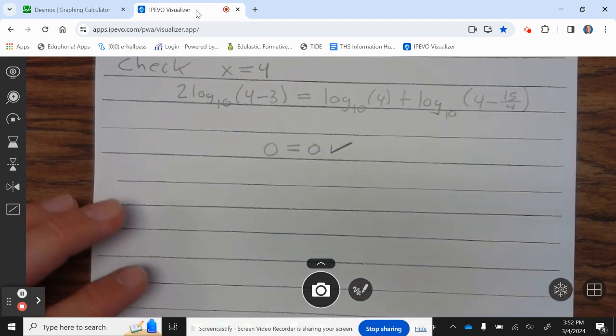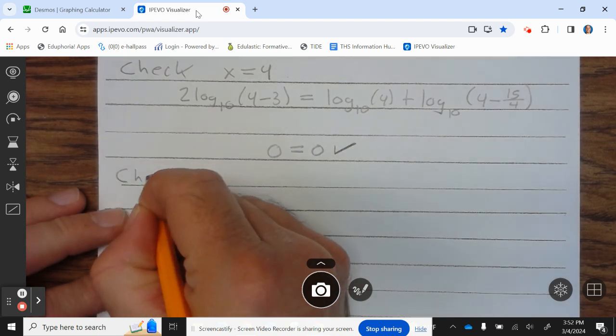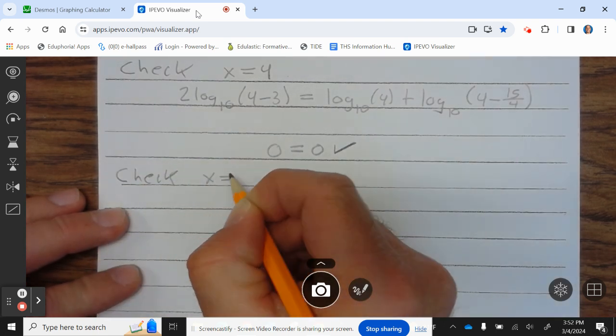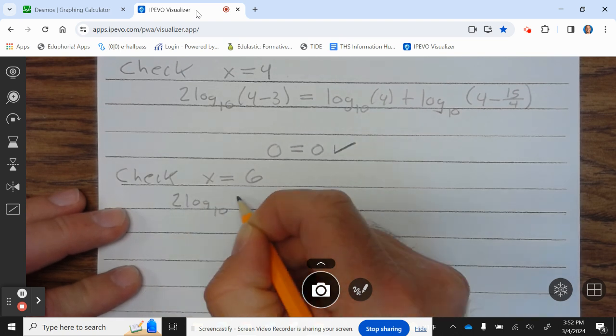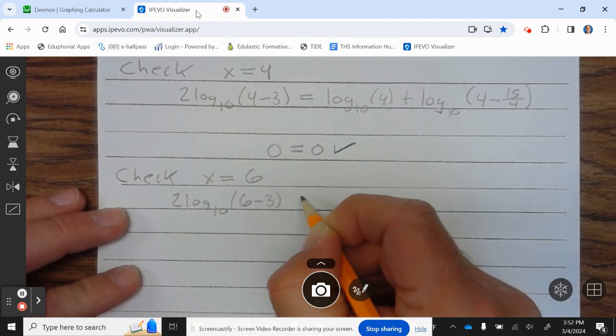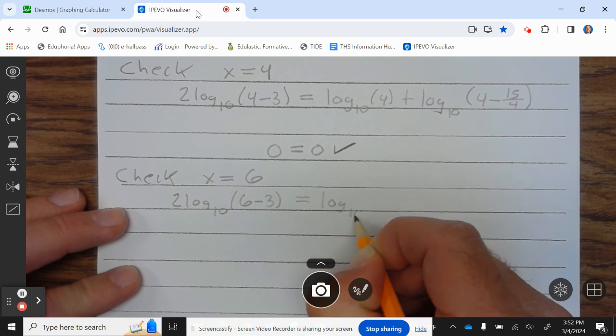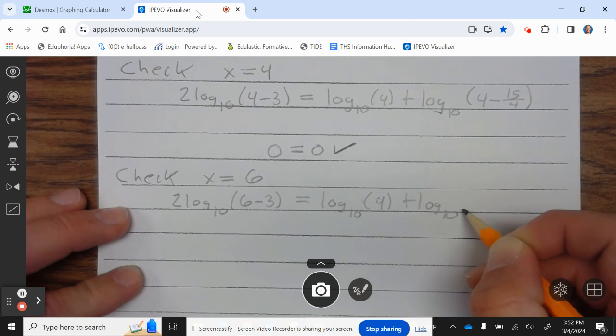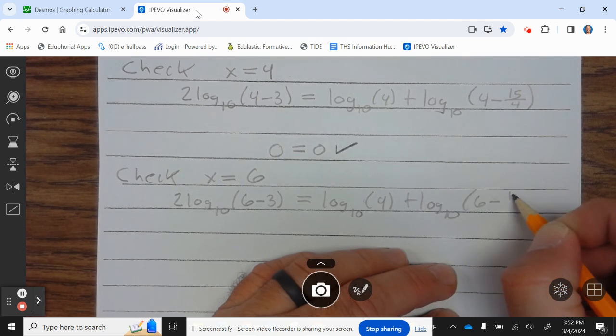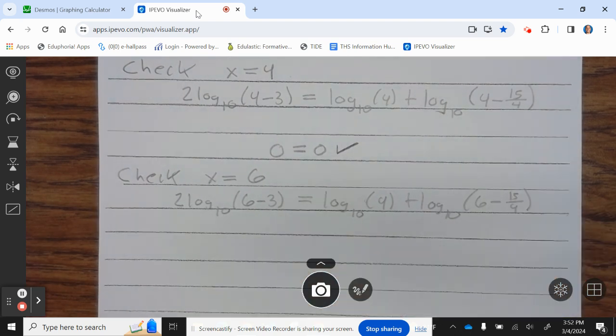All right, now let's check x equals 6. So it's 2 log base 10 of (6 minus 3) equals log base 10 of 4 plus log base 10 of (6 minus 15) divided by 4.